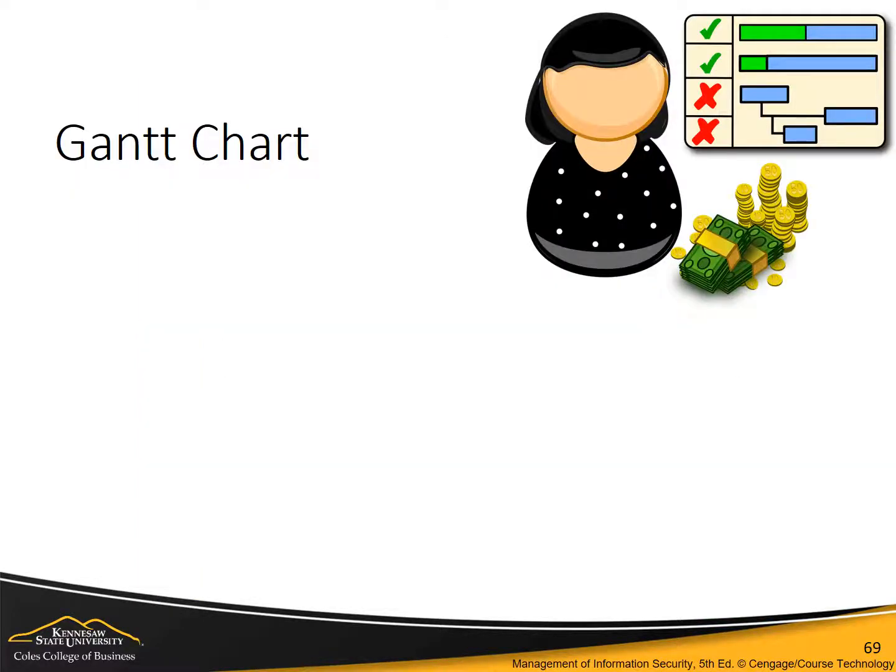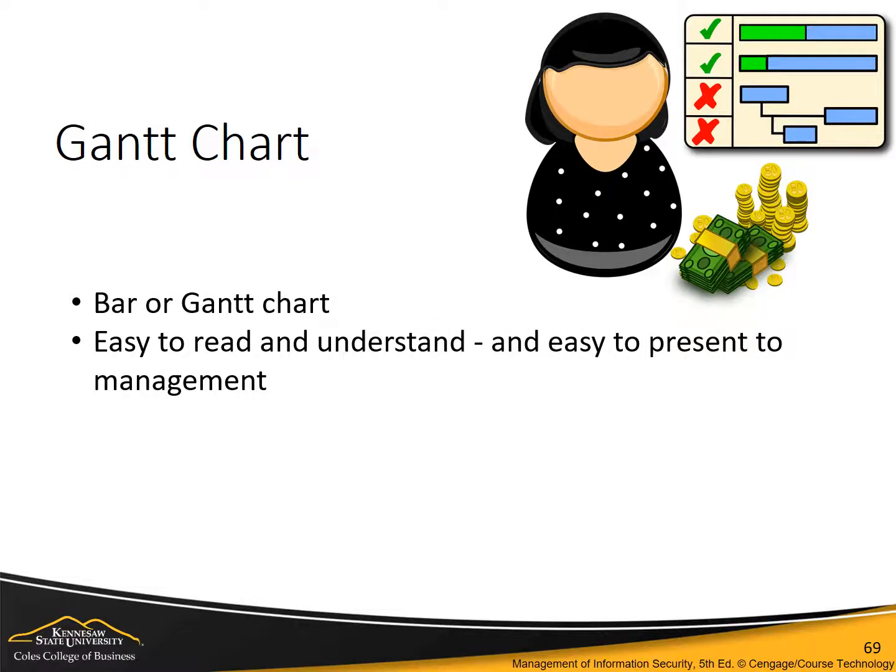Another popular project management tool is the bar or Gantt chart, named for Henry Gantt, who developed this method in the early 1900s. Like network diagrams, Gantt charts are easy to read and understand, and thus easy to present to management and those people who make decisions on where to award money and other resources.